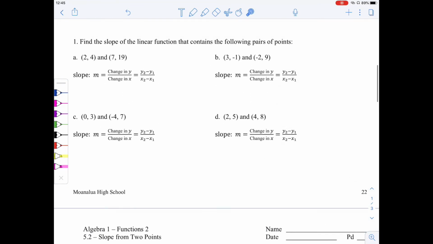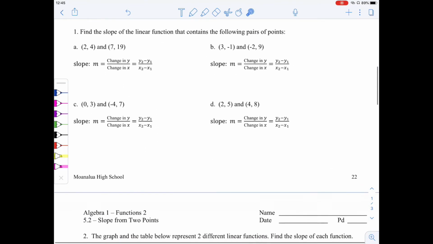Okay, so applying this to ordered pairs. We have our x1, y1, because that's our first point, and we have our x2, y2. That's our second point. First point, second point. Simple, right? Then we're going to use our table here, or our equation.